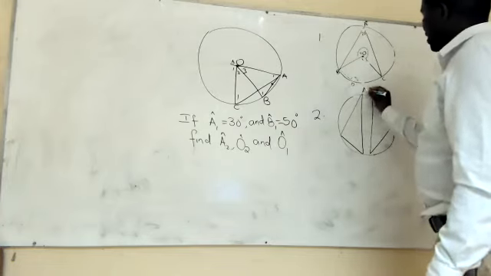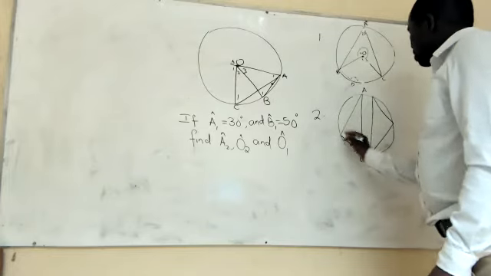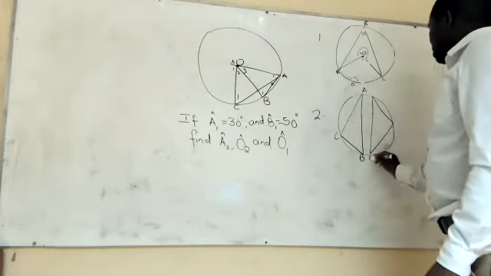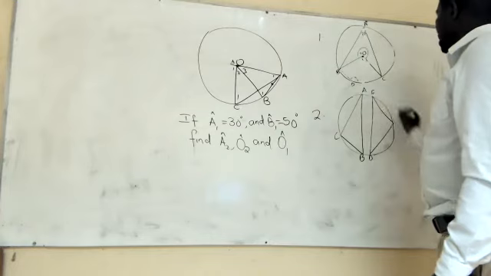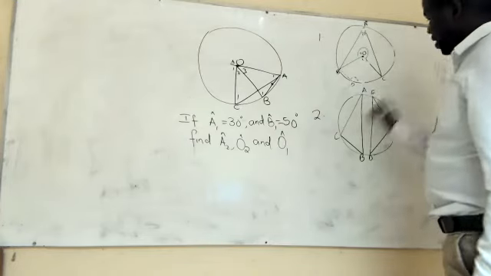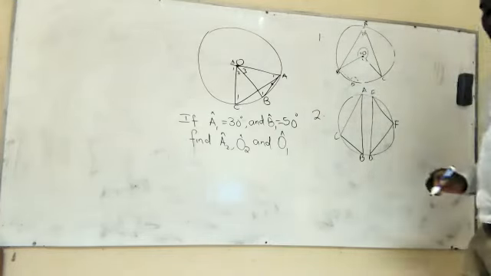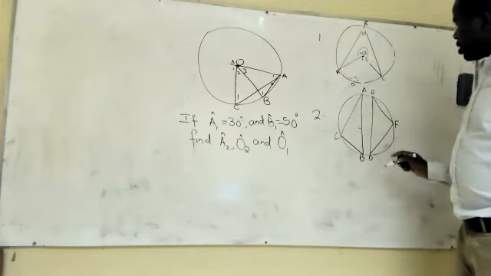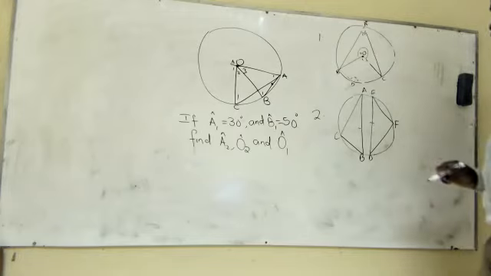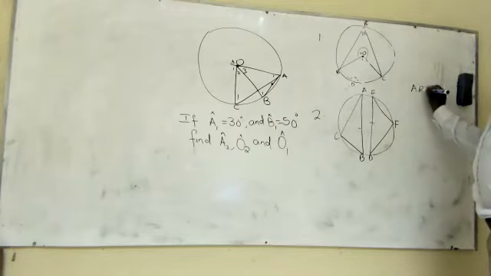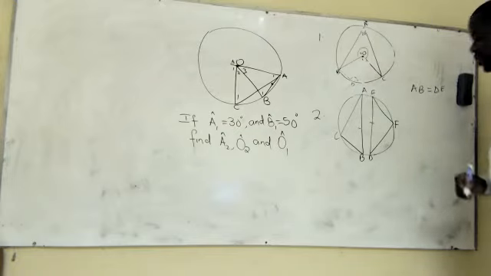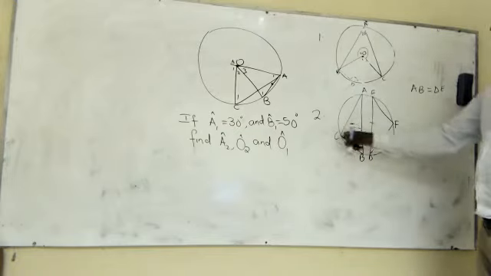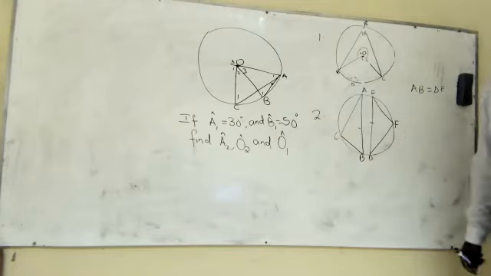So here we have triangle ABC, and here we have triangle DEF. And then now, the assumption is that we are given that AB is equal to DE. Then the question is, what can you say about angle C and angle F?